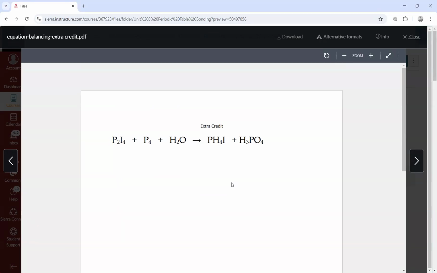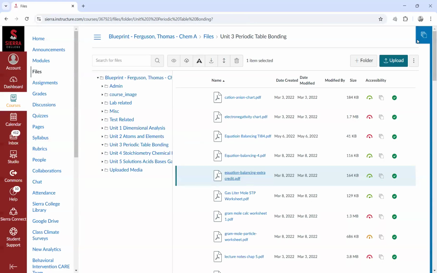Okay, so let's practice some more here. This is a file on Canvas, Unit 3 periodic table.